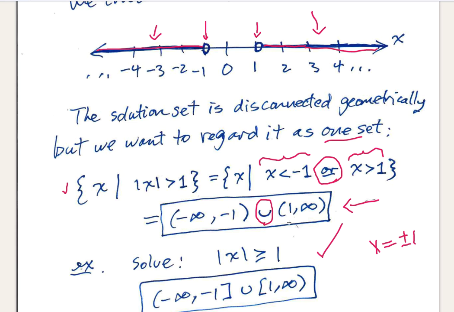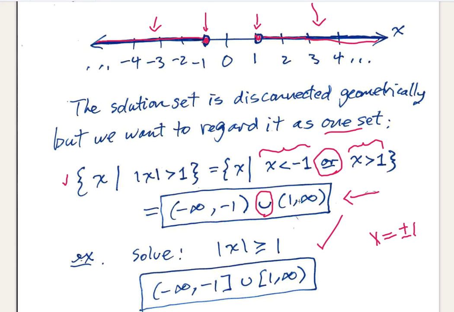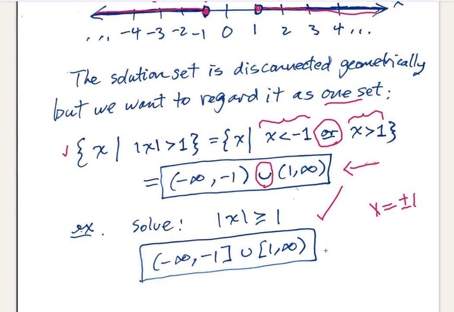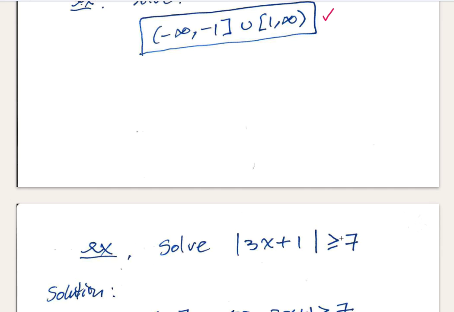So you would just throw in plus or minus 1 to this set, right? And you can see that would be equivalent to filling in these dots up here on the real number line, the -1 and 1. So our solution in terms of interval notation would be parentheses, -infinity, comma, -1, square bracket because we're including the -1, union, 1 with a square bracket because we're including the 1, comma, infinity. Alrighty? I hope that made sense.